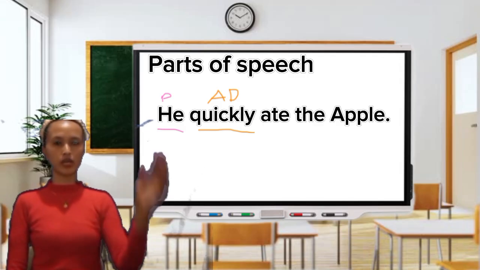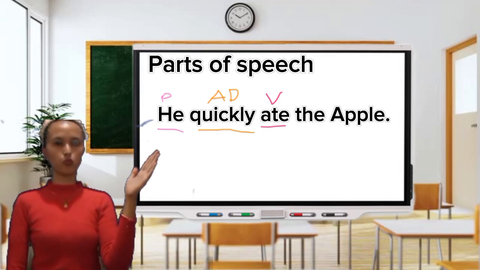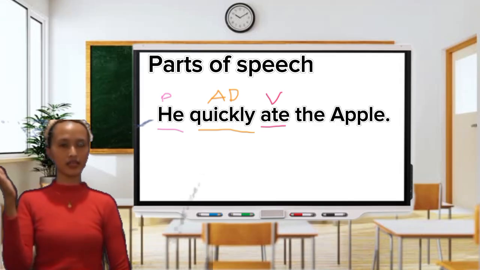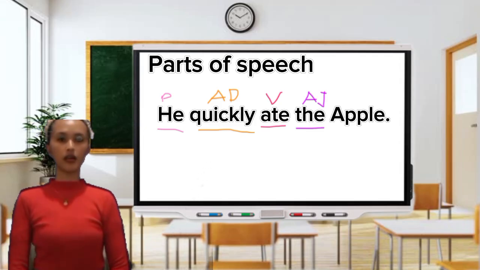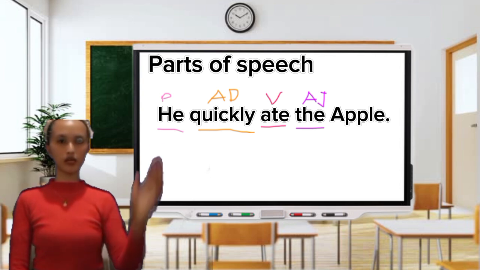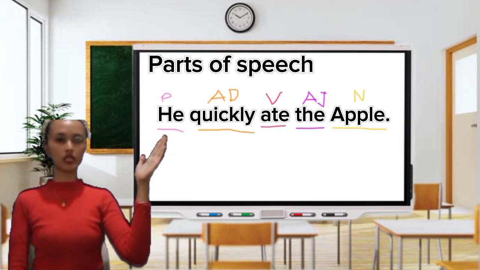Then we have ate. This shows what he did, so it's a verb. Next is the. This tells us which apple, so it's a type of adjective called an article. And finally, we have apple. This is the thing he ate, so it's a noun.